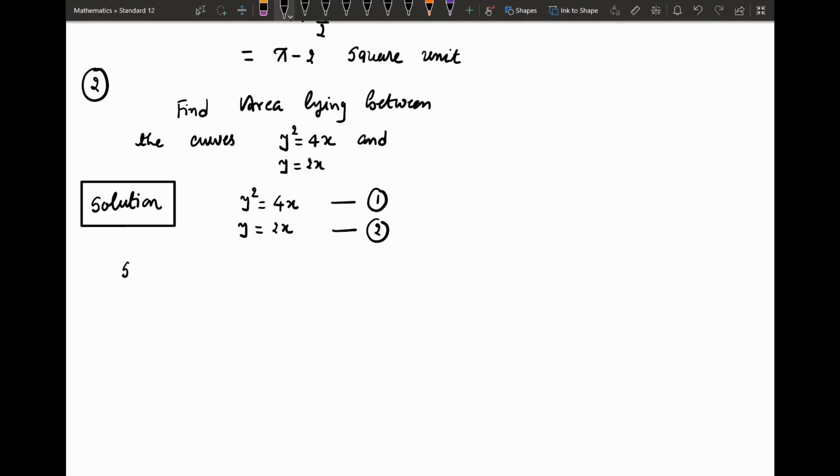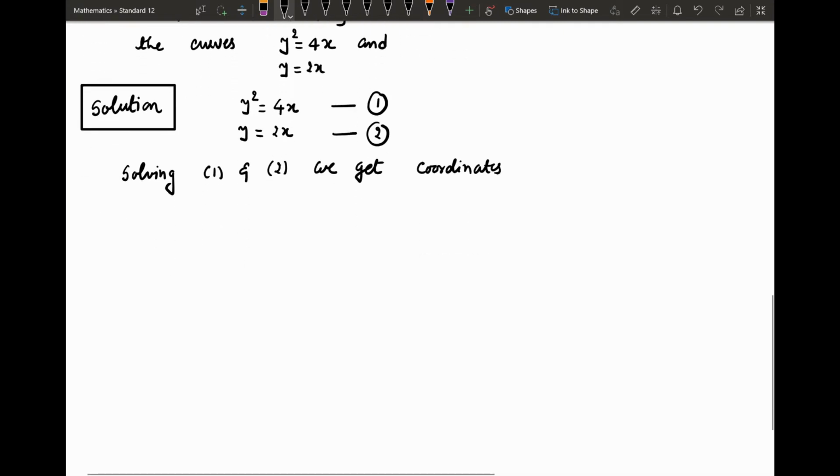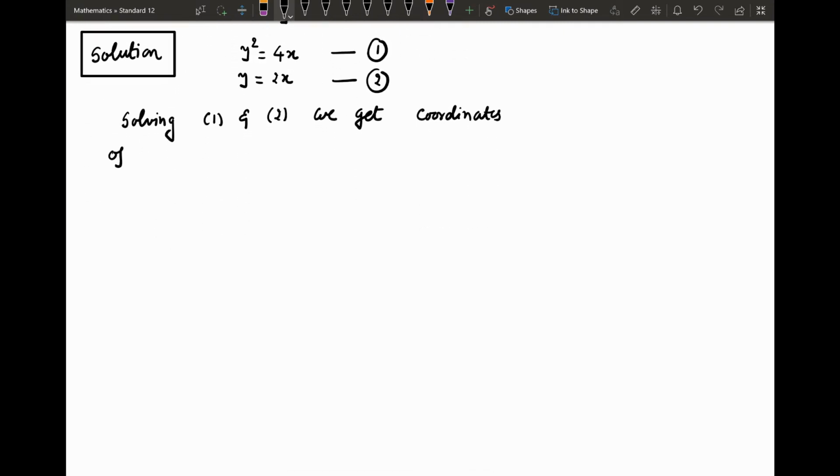So solving 1 and 2, we get the coordinates of the point of intersection as 0, 0.